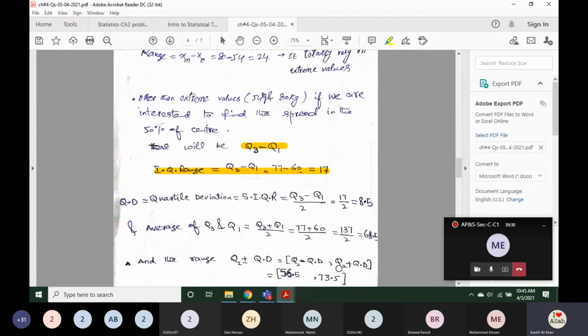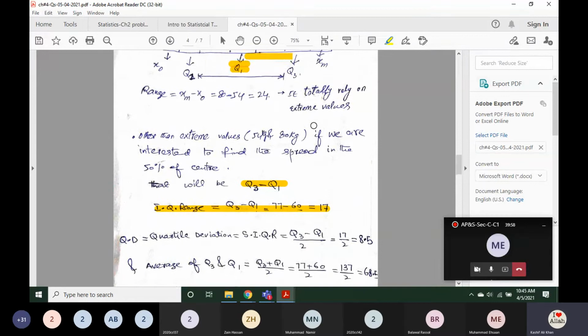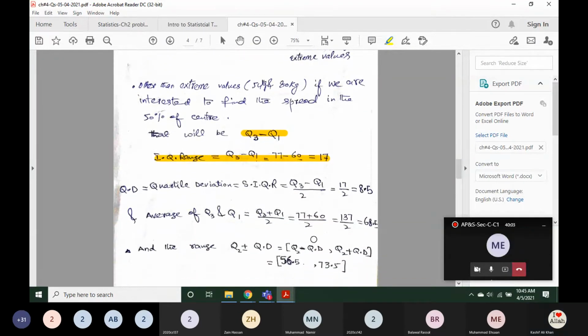Now, there is another important point. If you find the range of median plus minus quartile deviation, you get an interval, and that interval contains approximately 50% of the data. That means Q2, what is Q2 here? My Q2 is 65, yes, and my quartile deviation is 8.5.